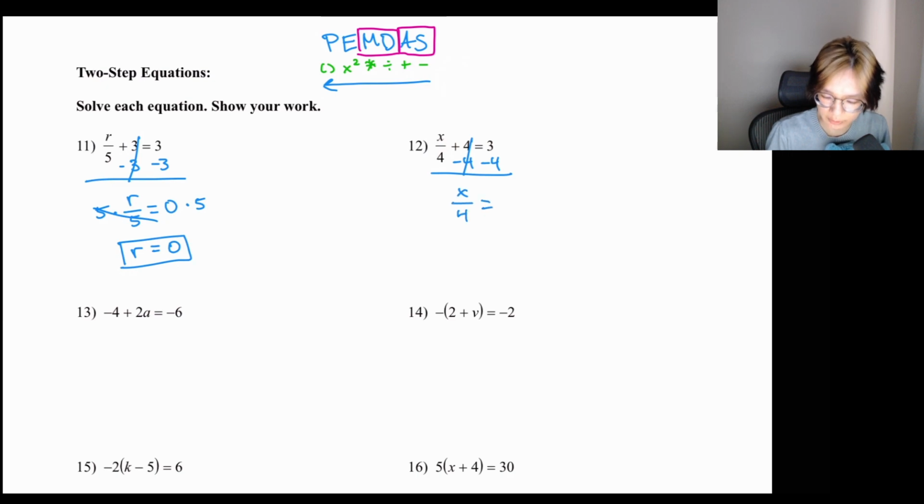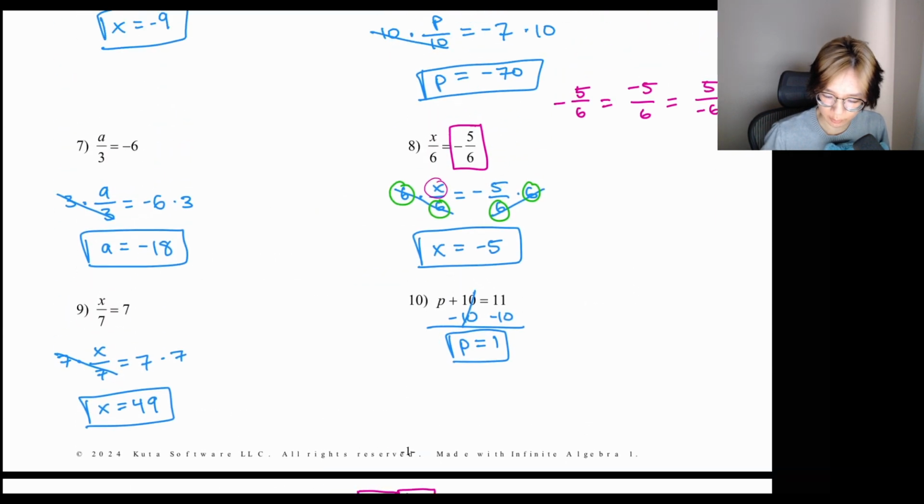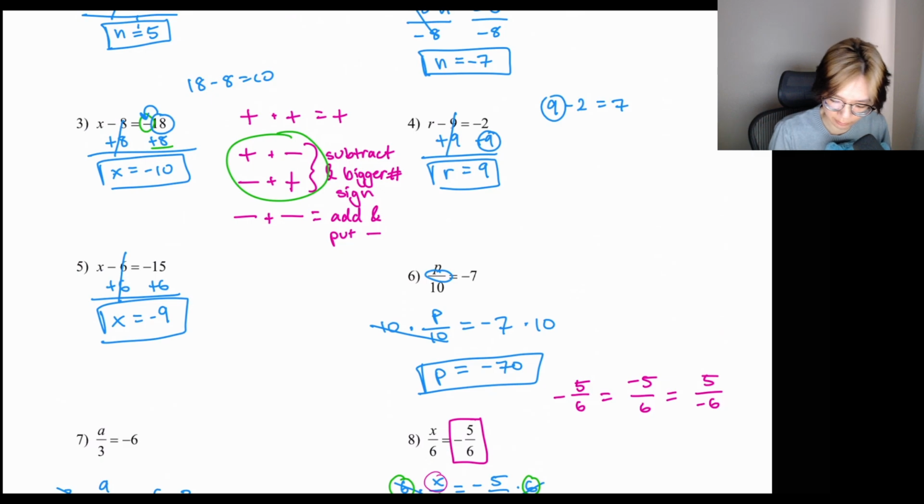If x over 4 equals 3 minus 4, we have a positive number plus a negative number. If we go back up here, I can rewrite the positive plus a negative to just be a number minus a number. That is the same thing. X minus y is the same thing as x plus negative y.